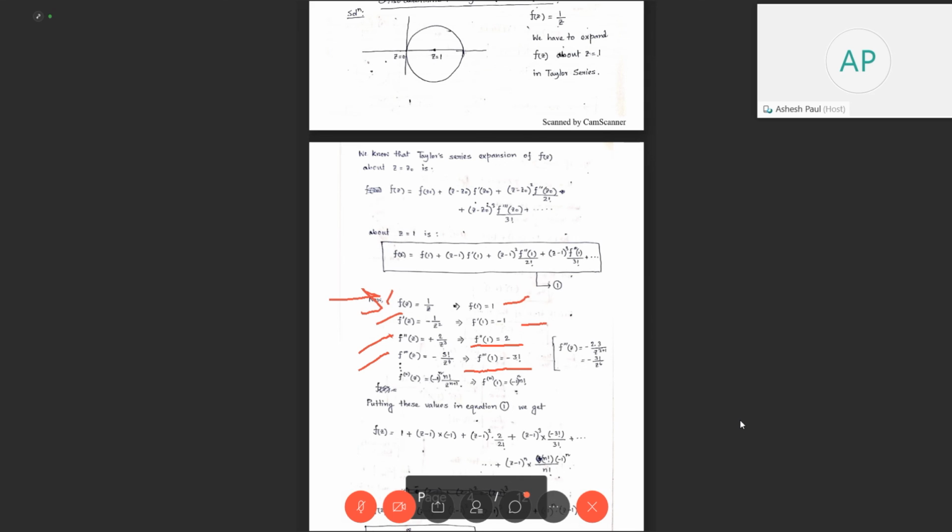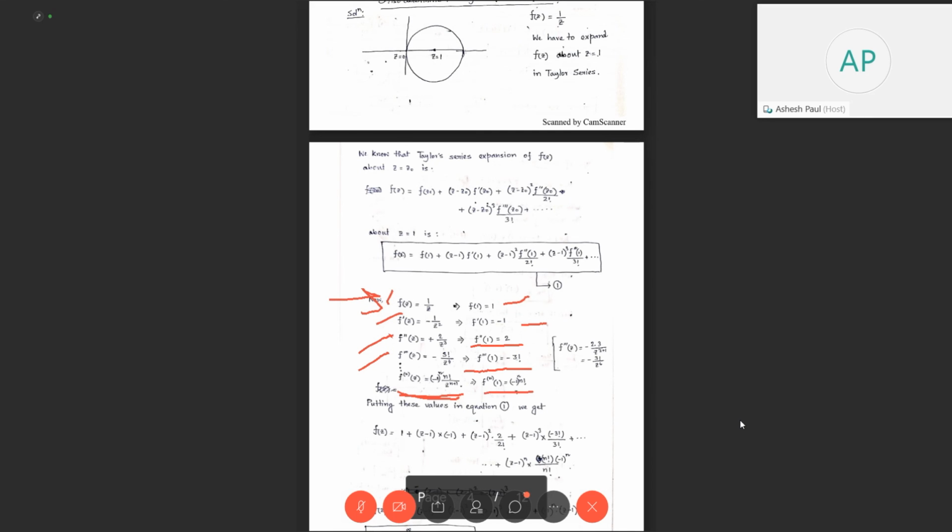And so by doing so, the nth derivative of f(z) will be minus 1 whole to the power n into factorial n by z to the power n plus 1.